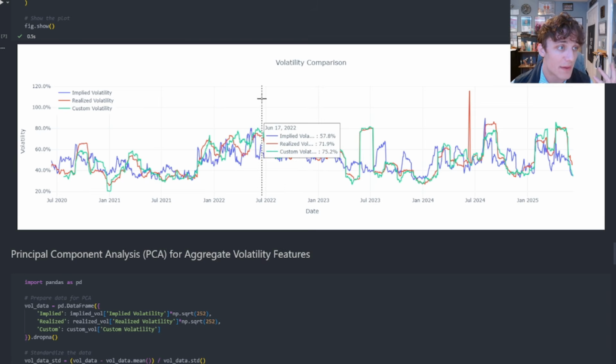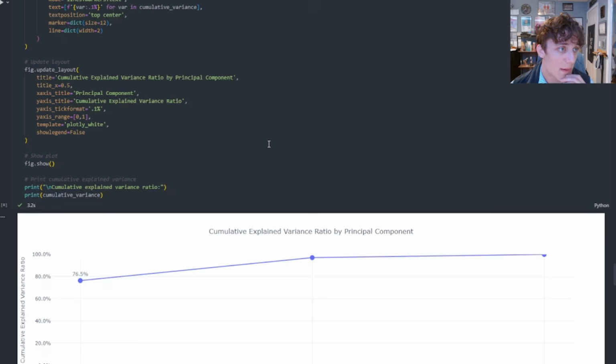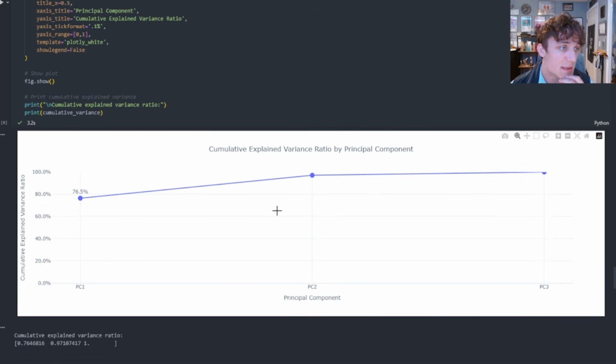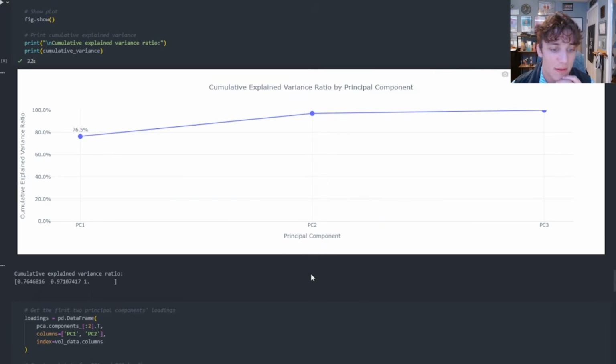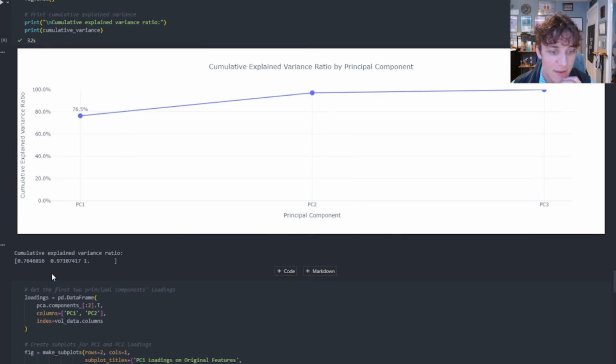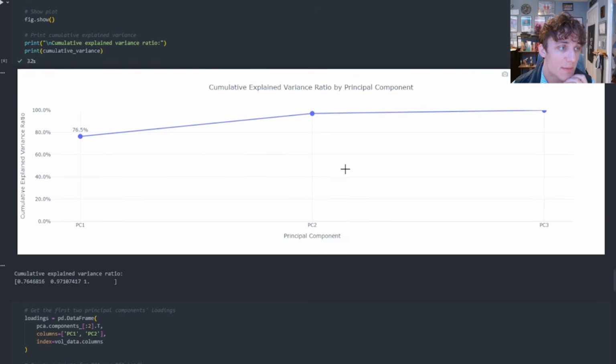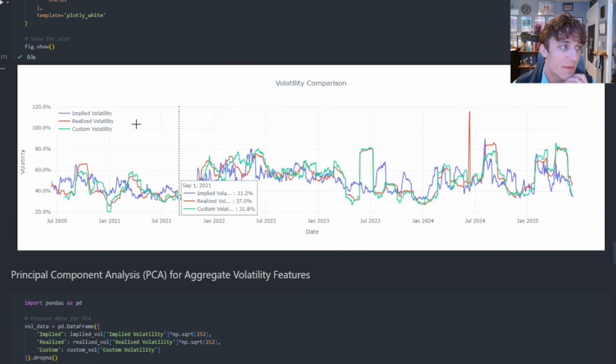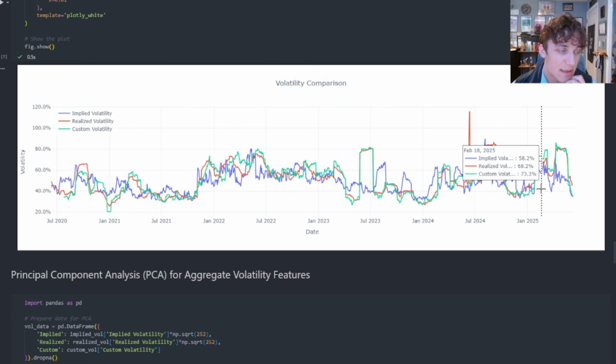I could have 30 different measures of volatility, but what I've done is this PCA on these 3 measures, and you can see that within the first 2 principal components, I capture roughly 97% of the variation in that space. So using only 2 features, I capture 97% of the variation in this series.